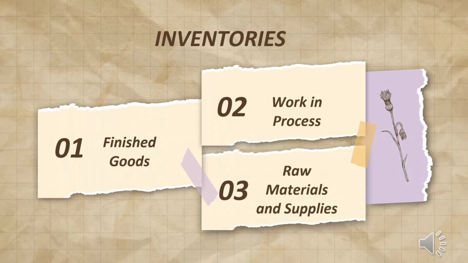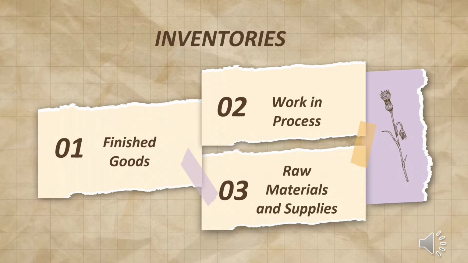So, based on that definition, the elements or components we can extract are these three, which are finished goods, work in process, and the raw materials and supplies.